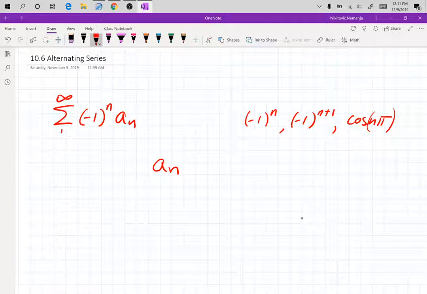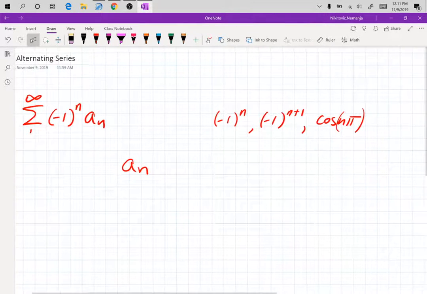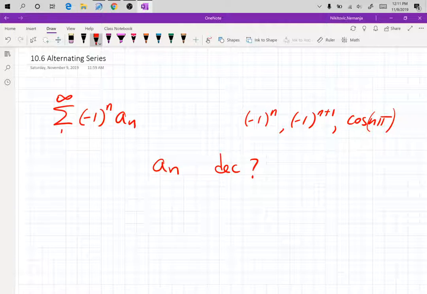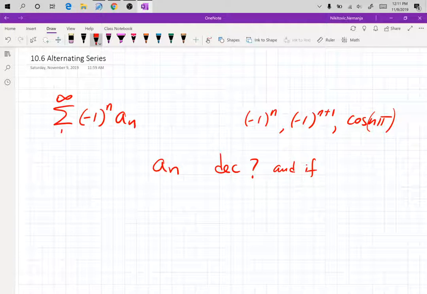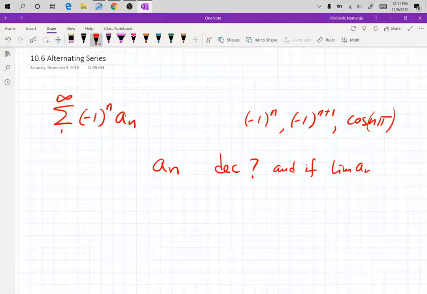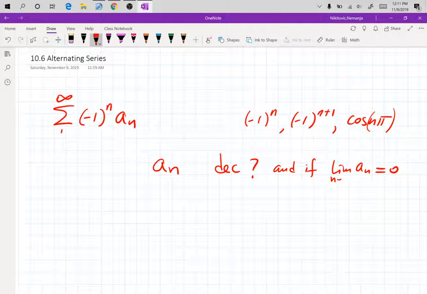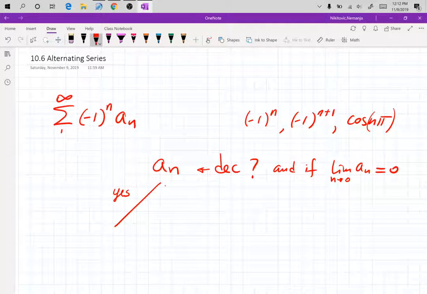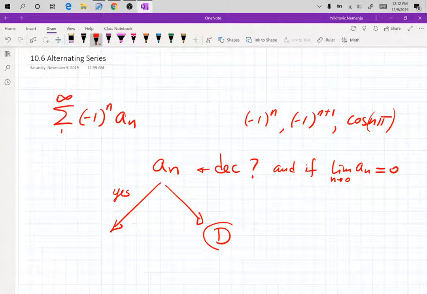You want to know if that sequence is decreasing and if the limit of a_n is 0. So that's what you want to know about it. If it's yes to both, you are going on a convergence branch. If it's no, it's divergent.